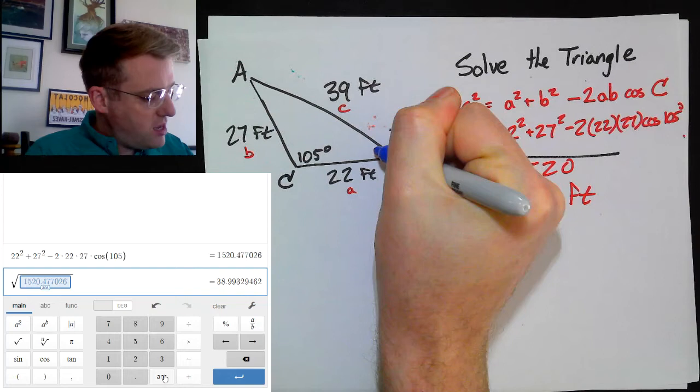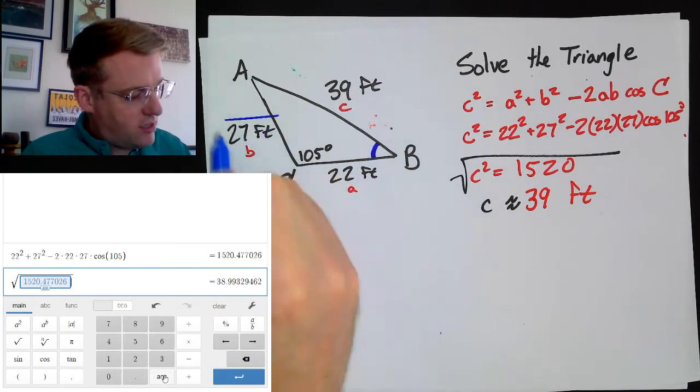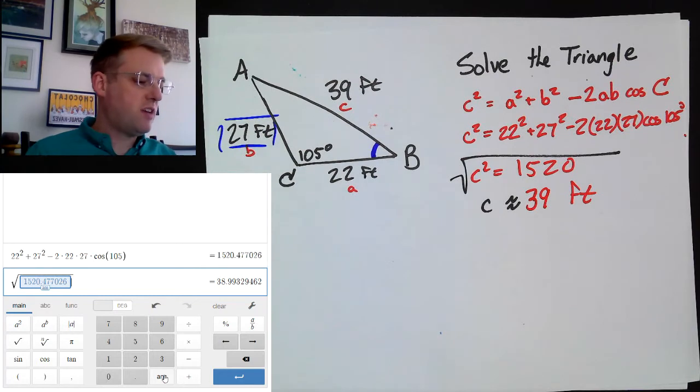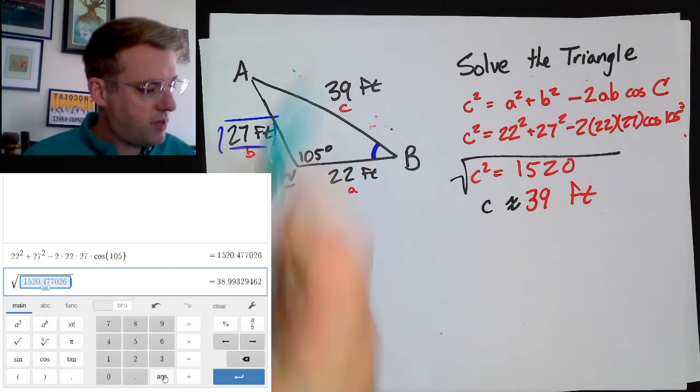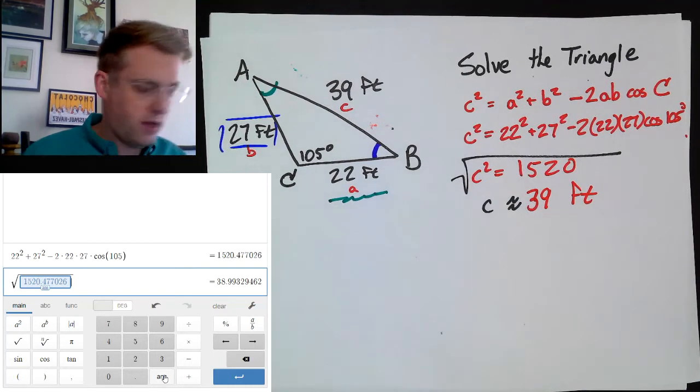So B, the angle over on the bottom right, is related to this side. That's 27. A, the angle on top, obviously related to side A, 22.